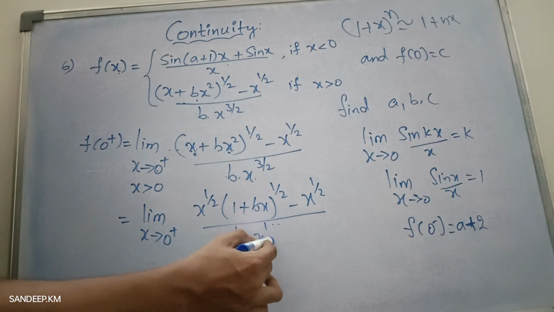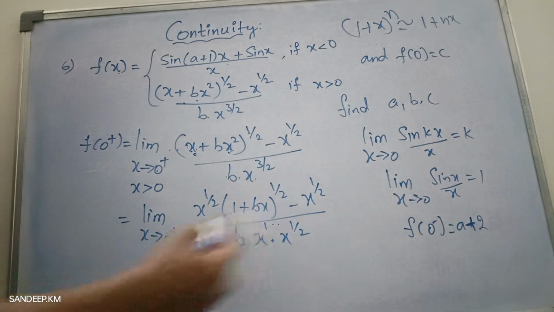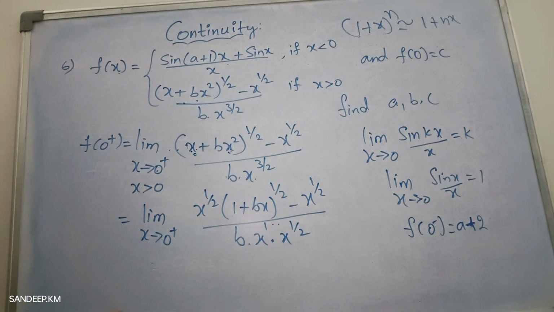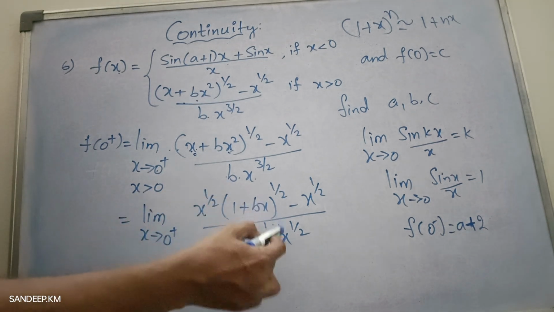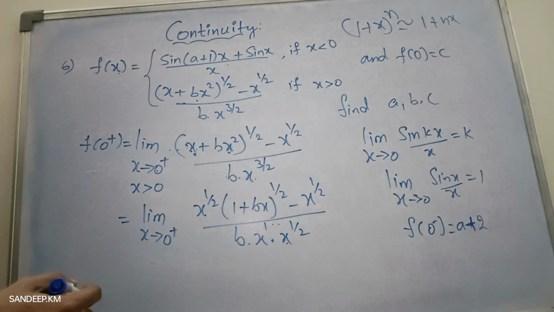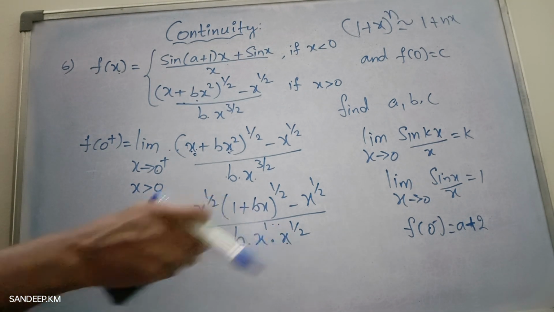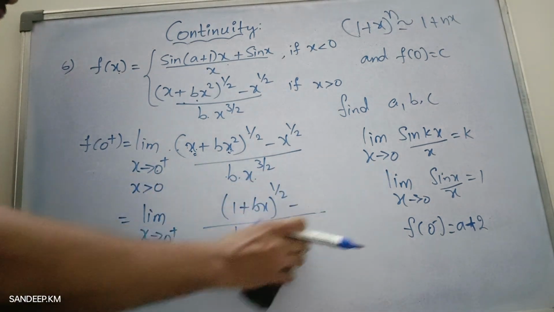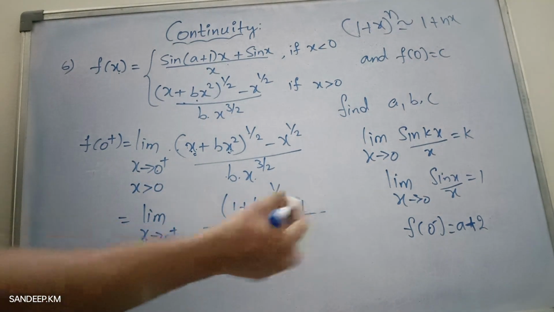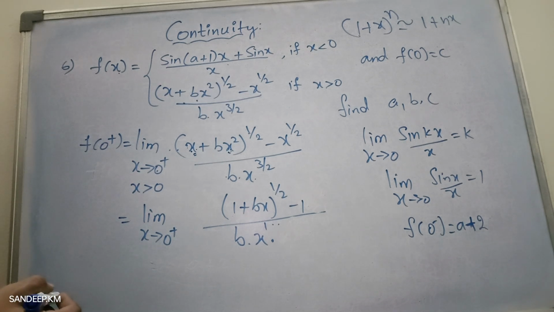Then you can split it like this, x power 1 into x power 1 by 2, using a power m plus n, which is equal to a power m into a power n. Now you can take x power 1 by 2 common in the numerator and cancel it with this x power 1 by 2. After cancellation, 1 will be remaining. Correct or not, dear students?